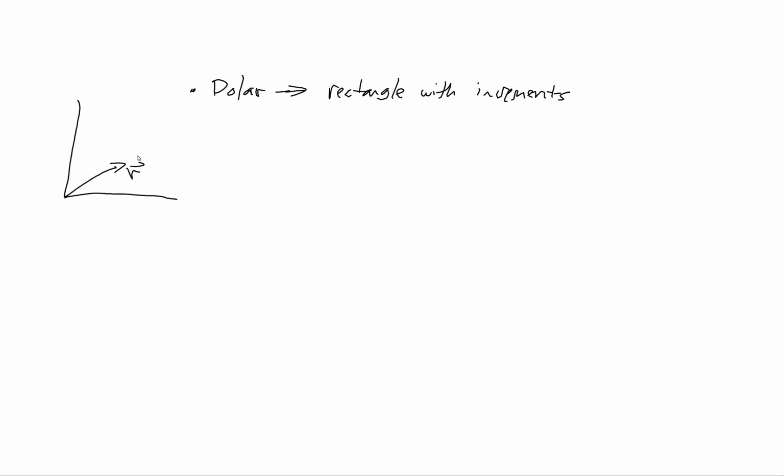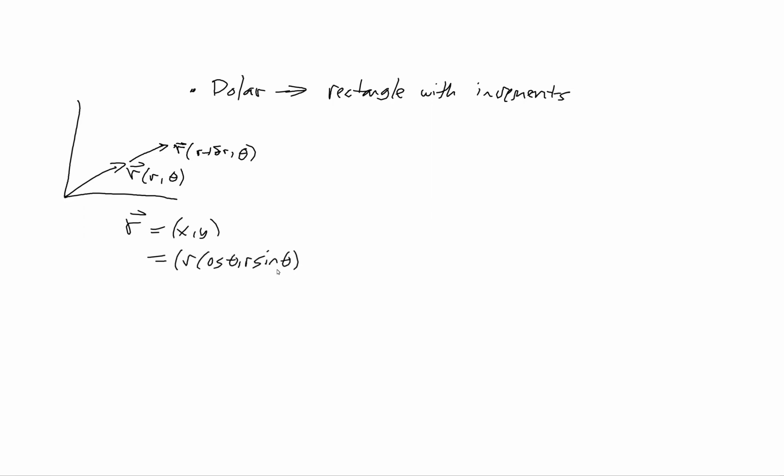Now we increment in r. So now we have the position at r plus delta r, comma theta, treating it as a function of r and theta. Remember, in polar coordinates, x is r cosine theta and y is r sine theta.